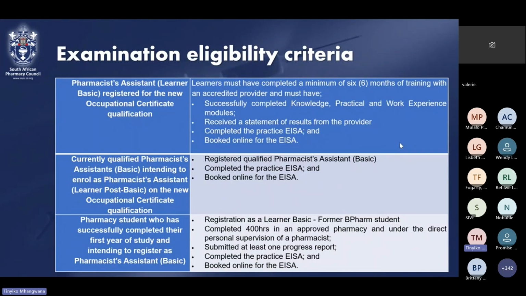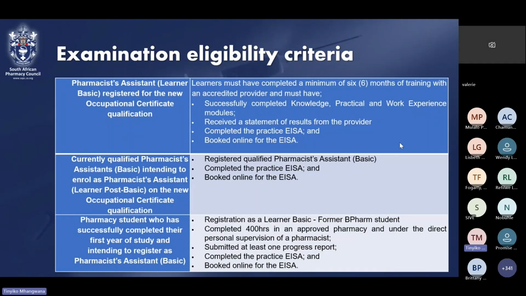As soon as they issue you with the statement of results, and you have written the EISA practice exam, then you qualify to write the EISA. If all those three are not satisfied, you will not be able to write the EISA. If you haven't written the practice exam, or you have not yet received the statement of results that shows you are competent, you will not be able to write, even if you have finished the 6 months.